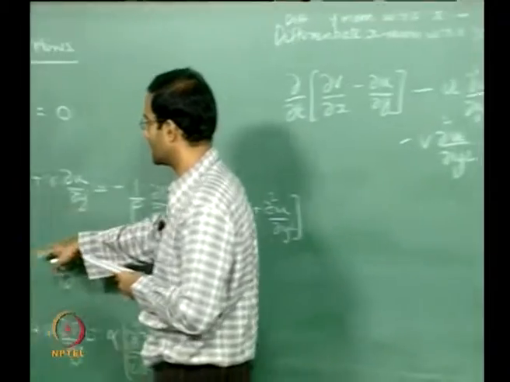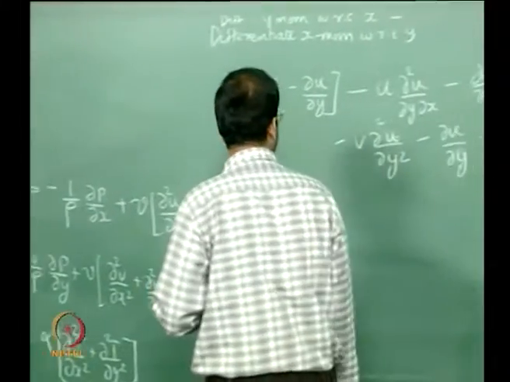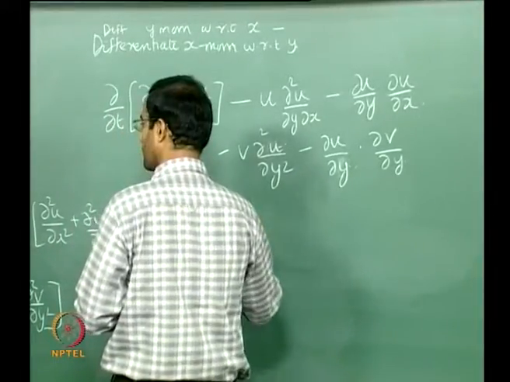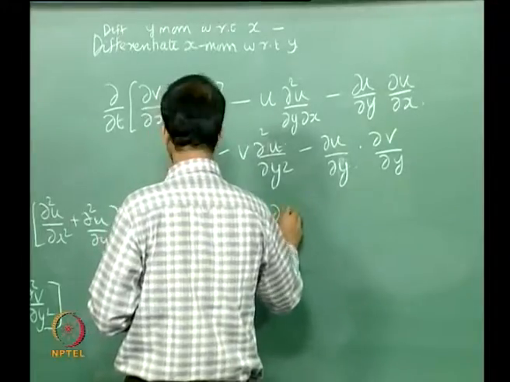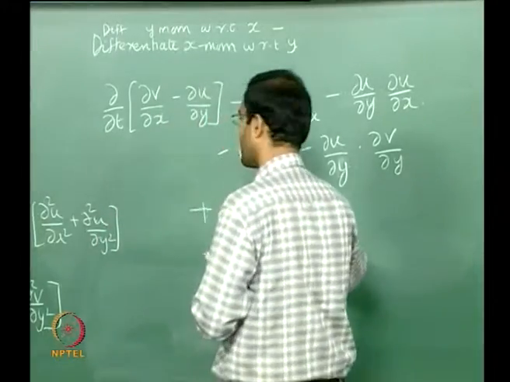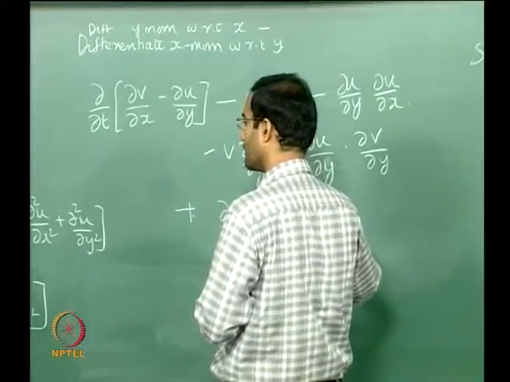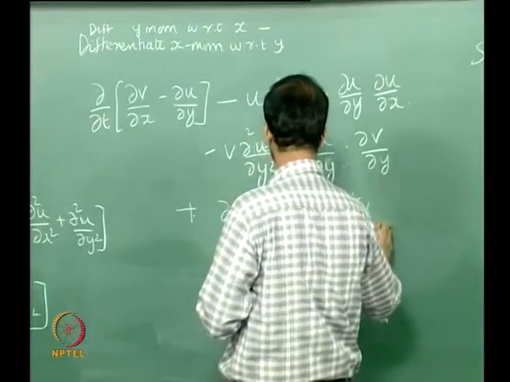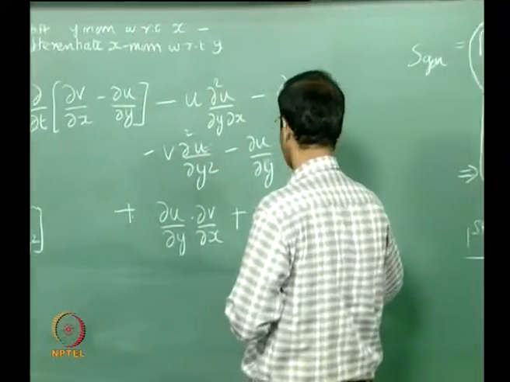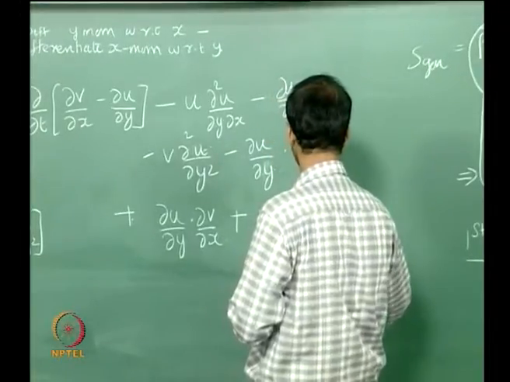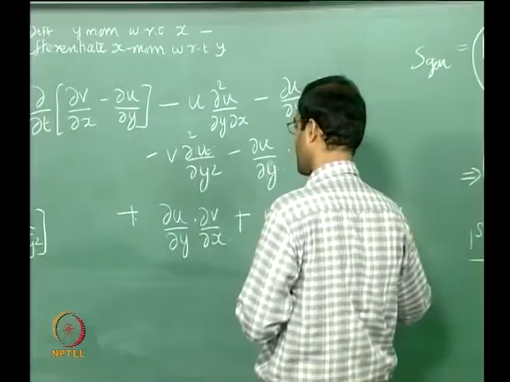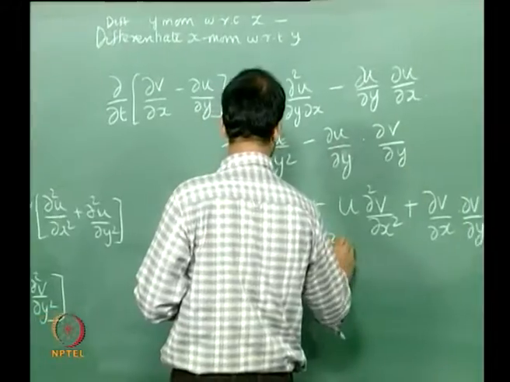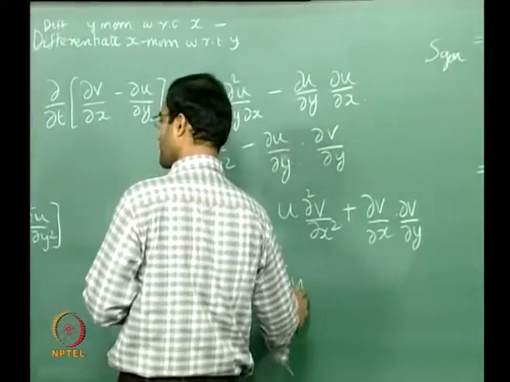So this minus this, right, so these terms will be positive here: plus du by dy into dv by dx, plus u into d square v by dx square, plus du by dx into dv by dy, plus v into d square v by dx dy.